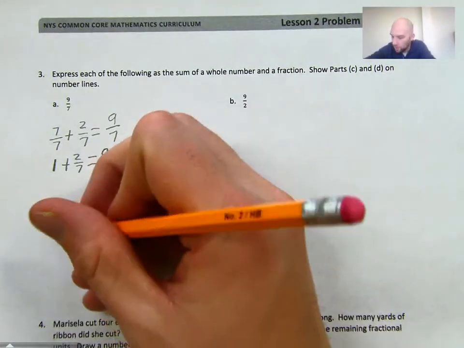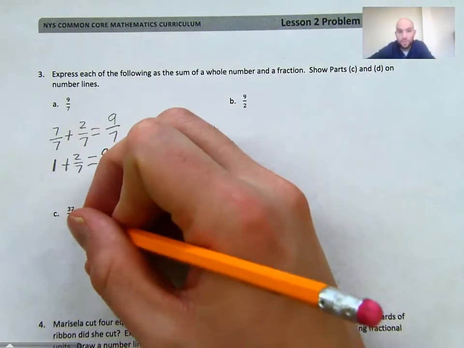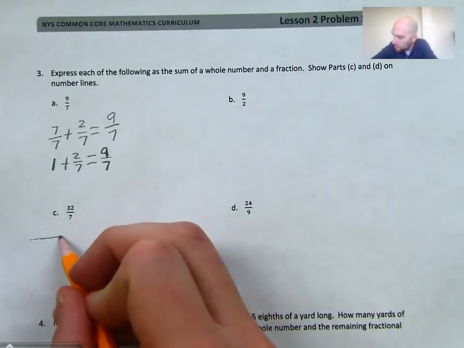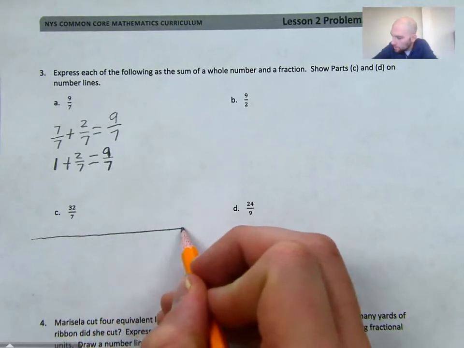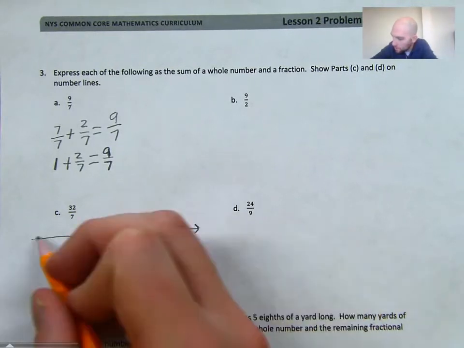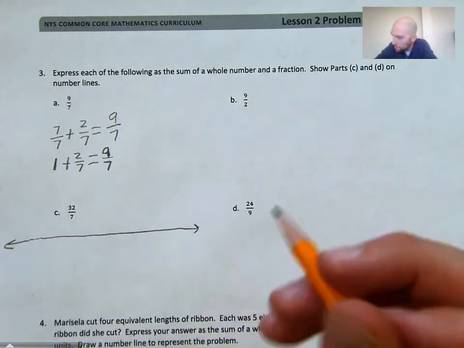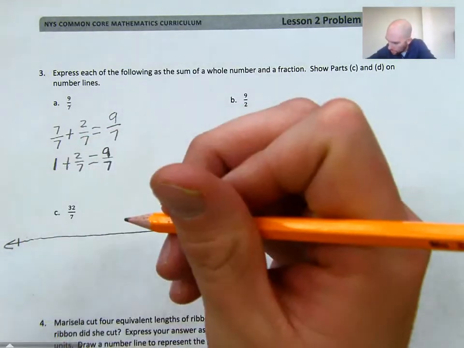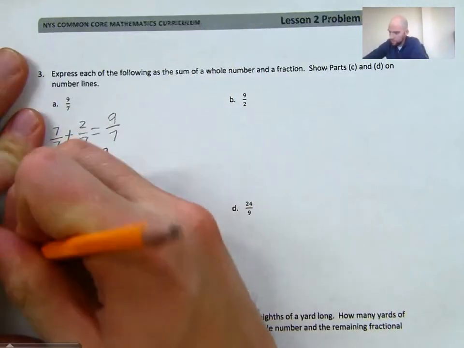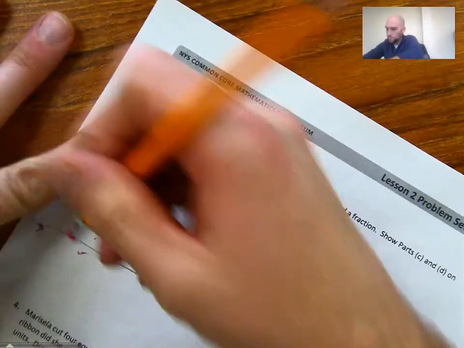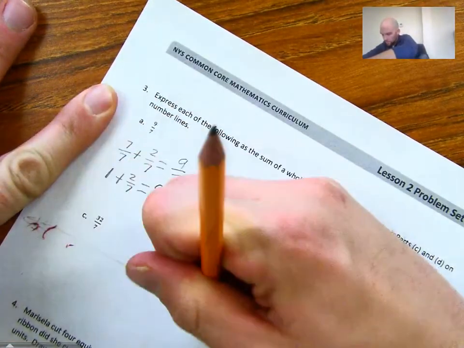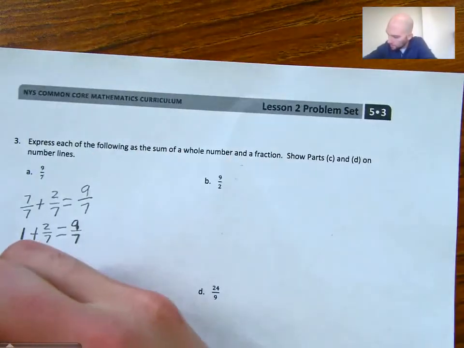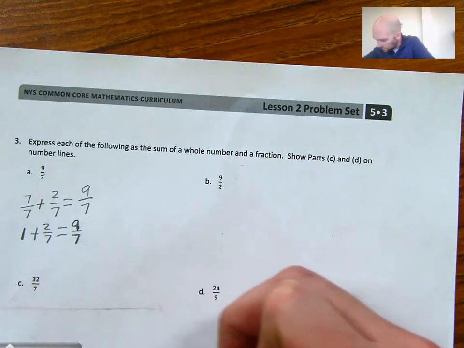Now we're going to do C, but I'm going to show it on a number line. So we have 32/7. Let me draw my number line first here. I'm actually going to draw it on the bottom so I have a little bit more room, because I'm going to need 32 of these.